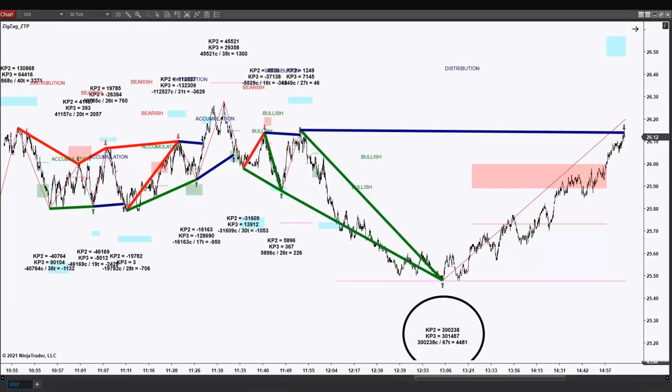Now, here are divergences on the VXX. And the VXX is the VIX stock that you can trade. And we can see that at 1306, we have had a special divergence that has been developing, and we see that as a buy signal.